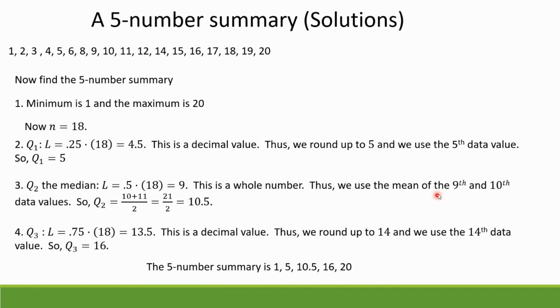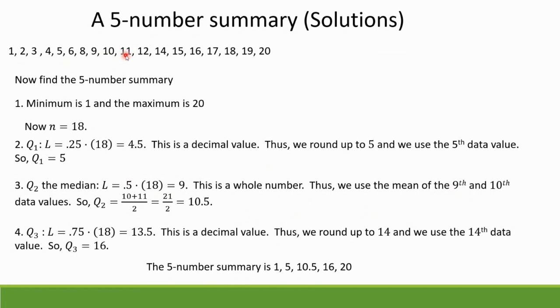So we get the data values in the 9th and 10th position, because L in this case is 9. We get their average, which is this. 1, 2, 3, 4, 5, 6, 7, 8, 9, which is 10, 11.